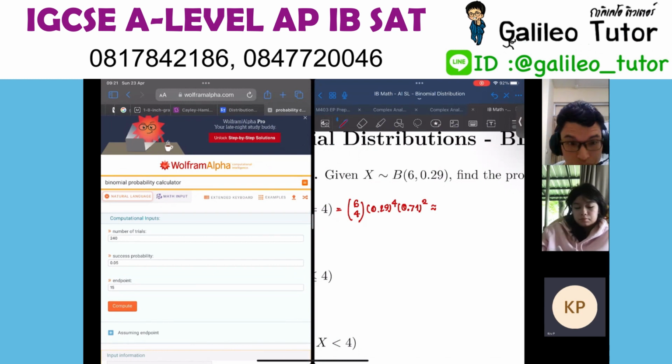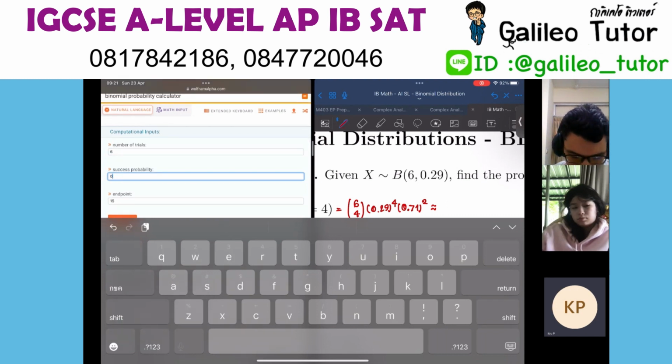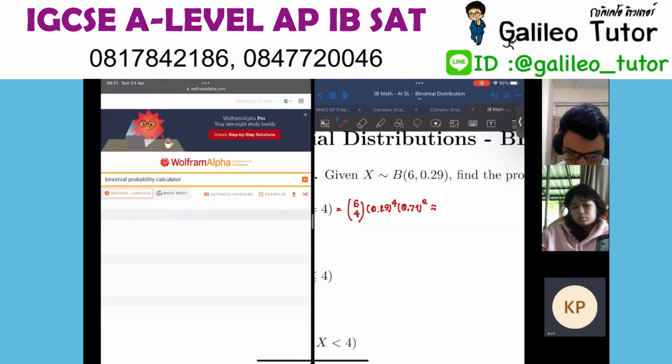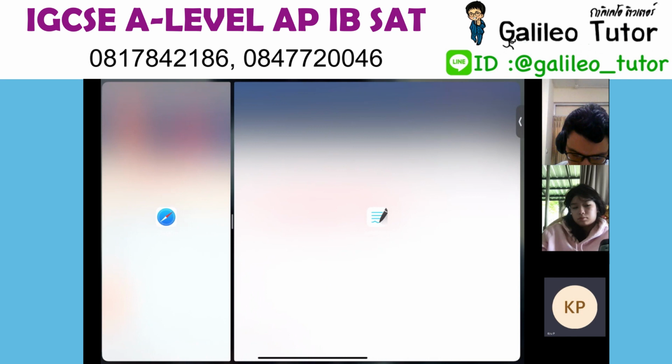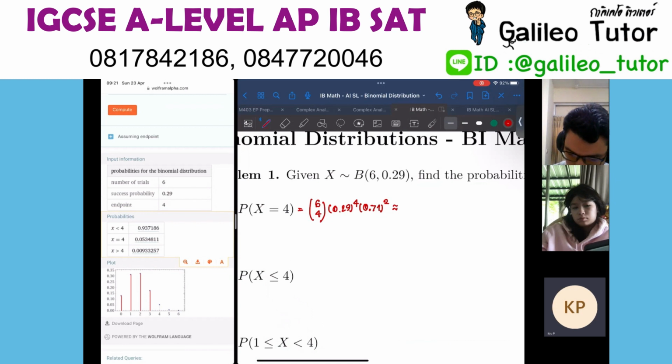The number of trials is 6. The success probability is 0.29. So it is 0.0535, right? You want to have 4 digits.